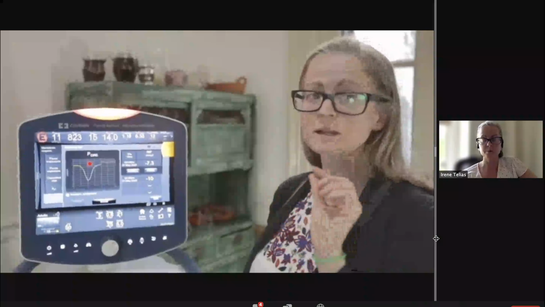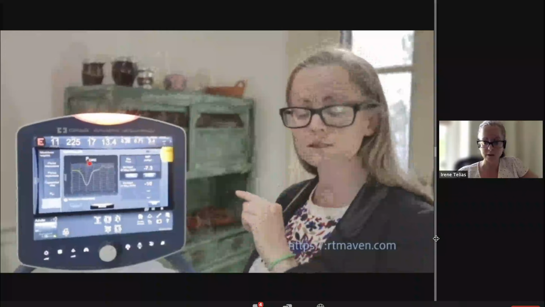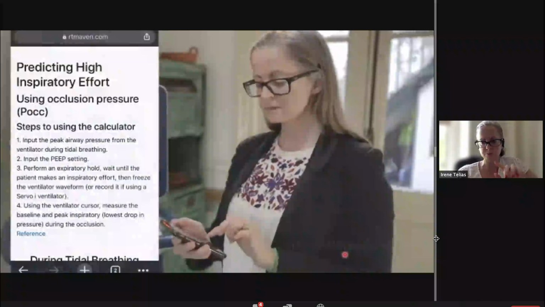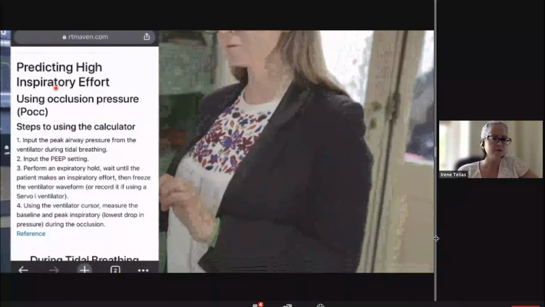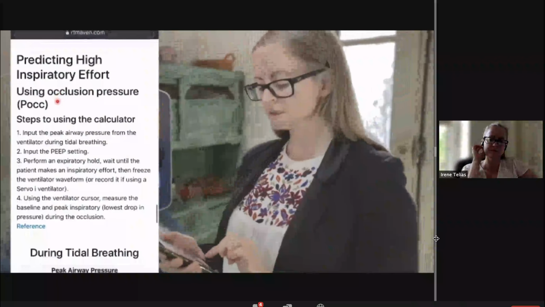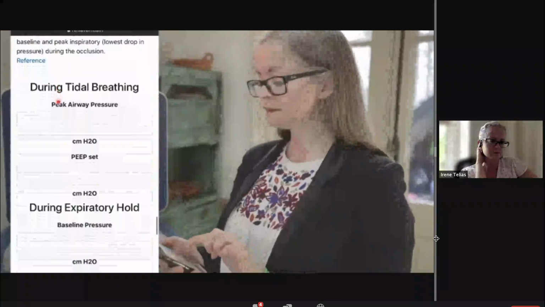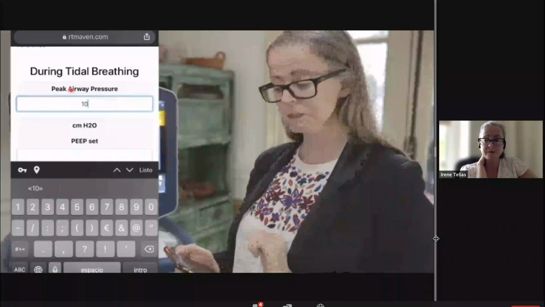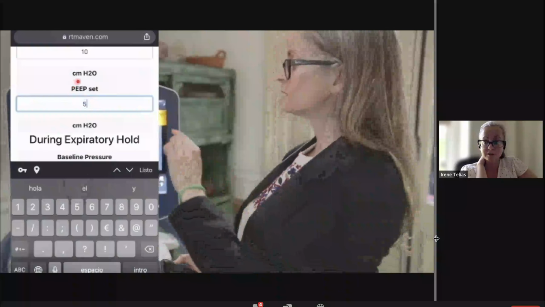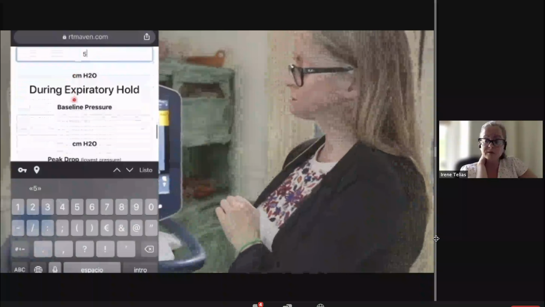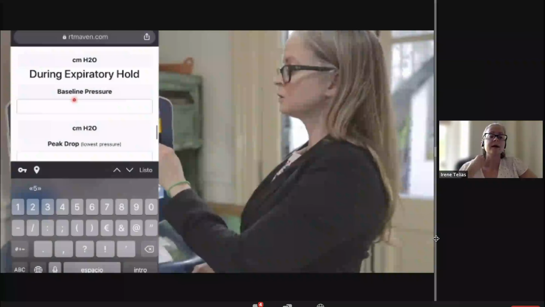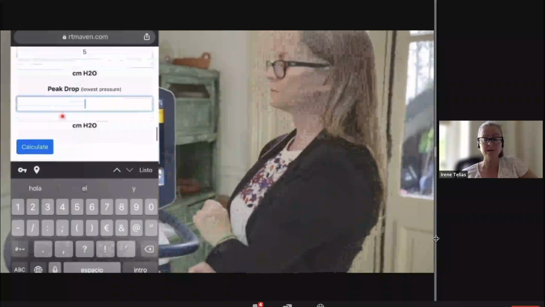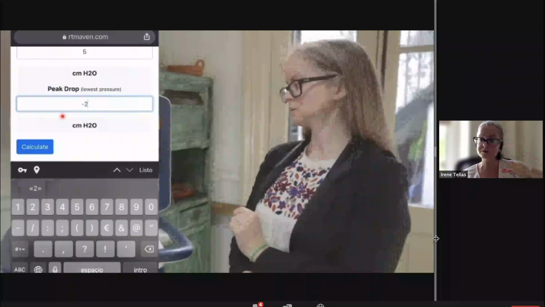To do that, we use an online calculator. This is the rtmaven.com. You can just do it from your cell phone, and you go to this tab of predicting excessive inspiratory effort. So we put the settings. Our patient is on a pressure support of 5 and PEEP of 5, so the peak pressure is 10. The baseline pressure during the hold is the PEEP value, so 5 centimeters of water, and the drop we have to put the lowest value.